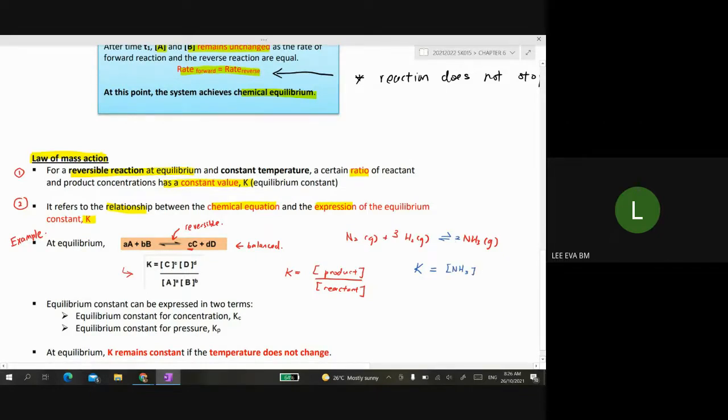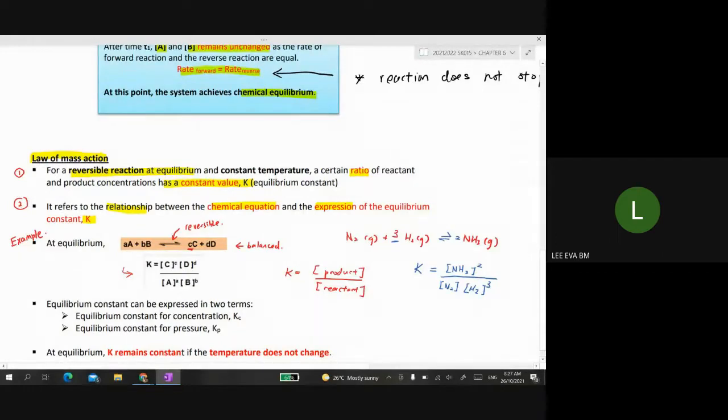The stoichiometric coefficient is 2, so we raise it to the power 2. Down below, we have the reactants. Who is the reactant in this case? N2 and H2. But for N2, we have only 1 as the stoichiometric coefficient, so N2 is raised to the power 1. It's okay not to write it. And then we have hydrogen gas, whose stoichiometric ratio is 3, so it is raised to the power 3.